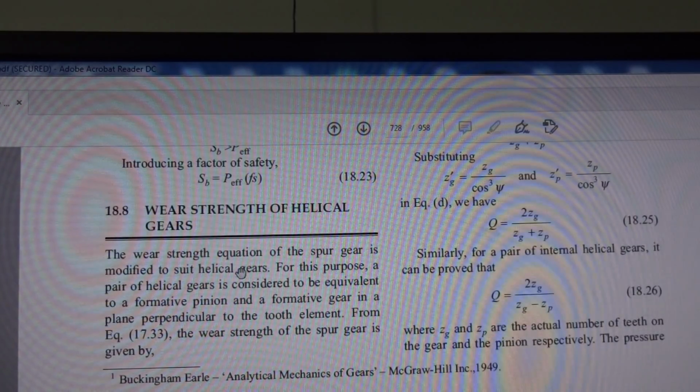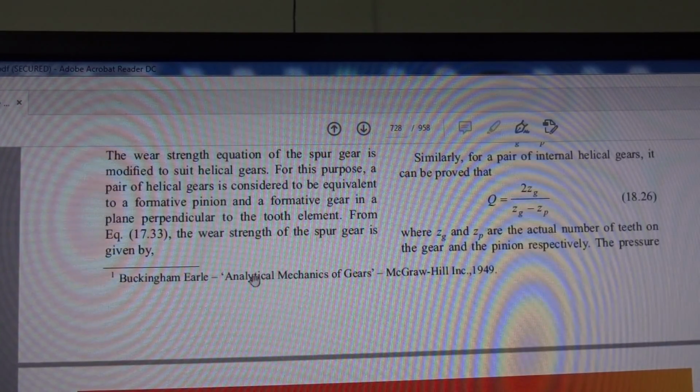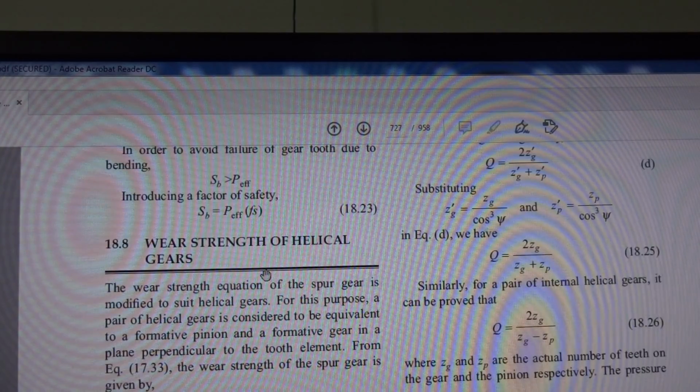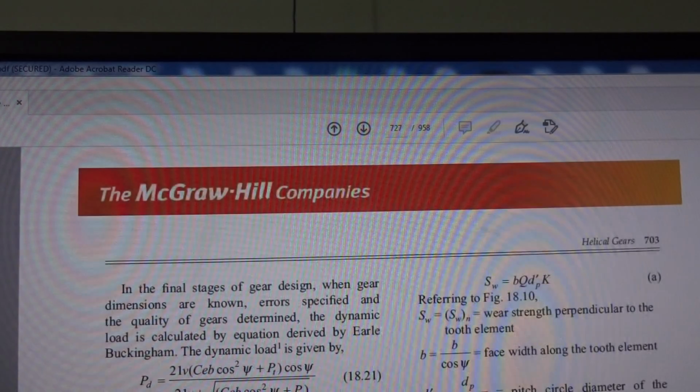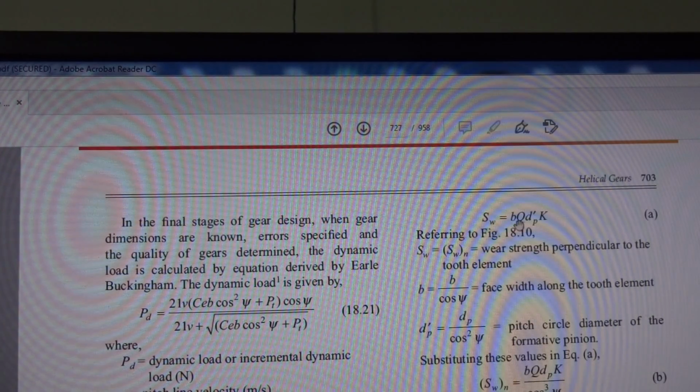Now the wear strength is similar, and it is derived as in the spur gear. SW is equal to B Q dP dash K. This is the wear strength perpendicular to the tooth element, and B is equal to B by cos psi.